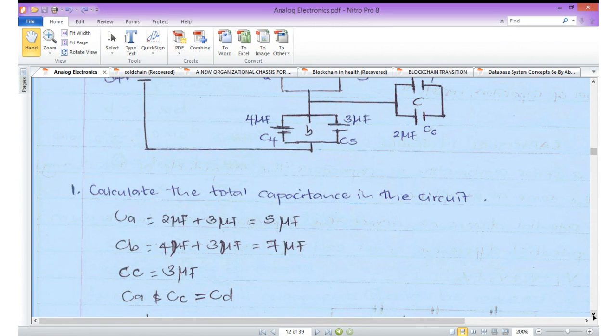CA is 5 microfarads, and as we said from the video that you just watched, farads are very large units of measure, and capacitances measured in farads are unlikely to be found in most of the electronic devices that we use.